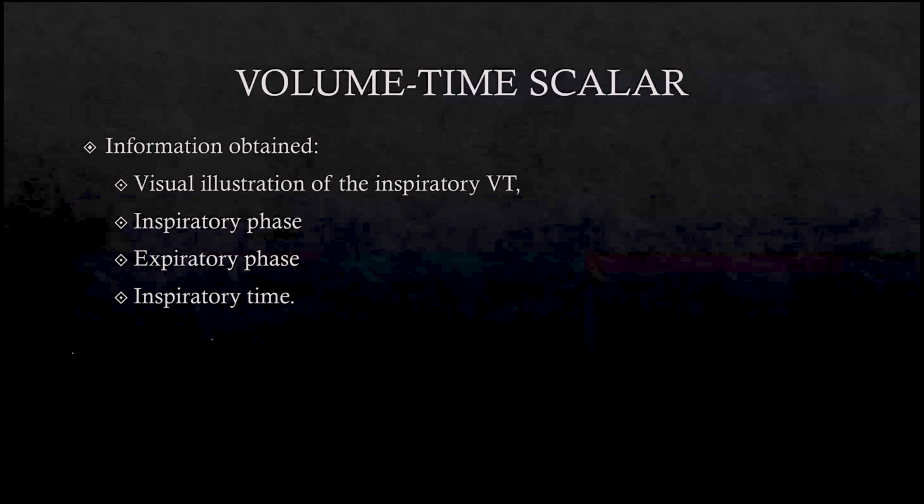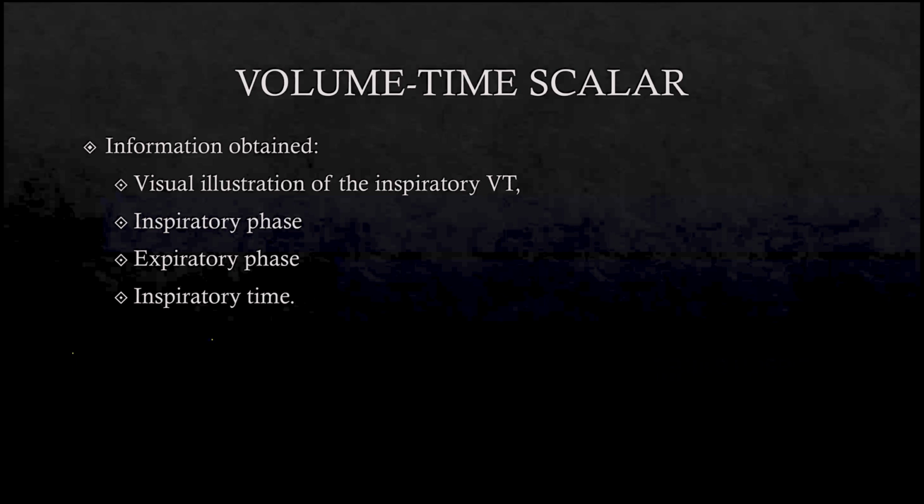On the other hand, the volume time scalar is probably relatively less informative, but it does give a good visual illustration of the inspiratory tidal volume. Of course, you can measure the tidal volume with numbers which come on the ventilator. There is an inspiratory tidal volume, there's an expiratory tidal volume, and the difference between the two gives you a rough estimate of the leak. But it's a good static or visual impression of the inspiratory tidal volume.